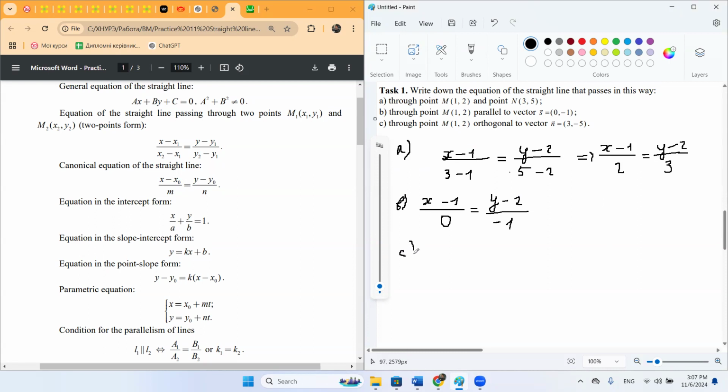Okay, part C. So how to solve this? The line is orthogonal, perpendicular to vector n. Which form to use? Well, this form is not written here, but we can get it from the general form. It is similar to the general form. Who remembers?